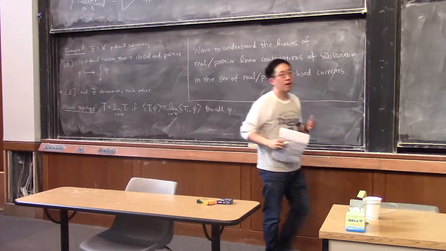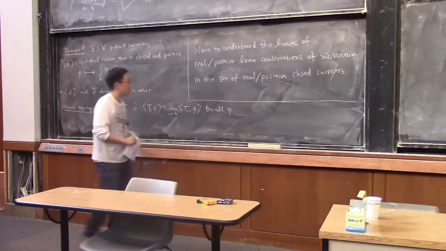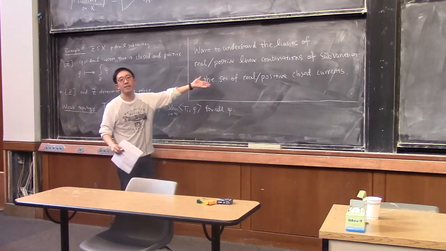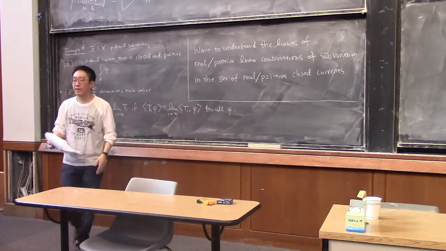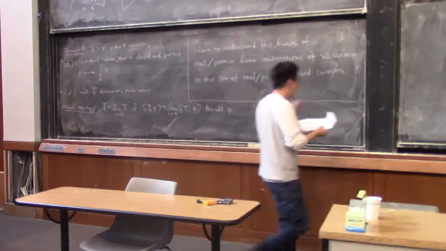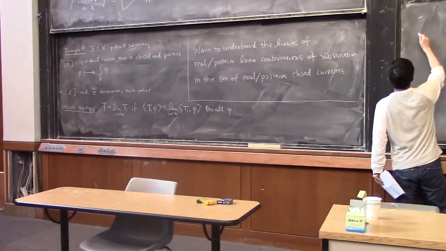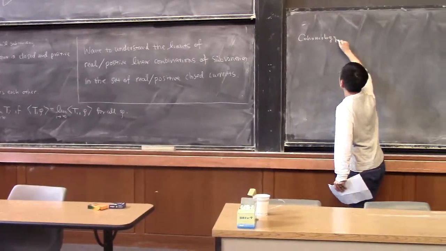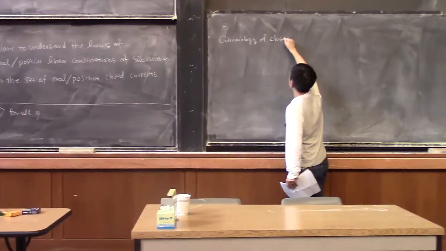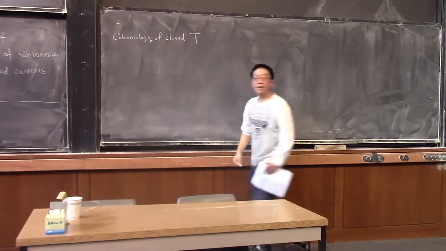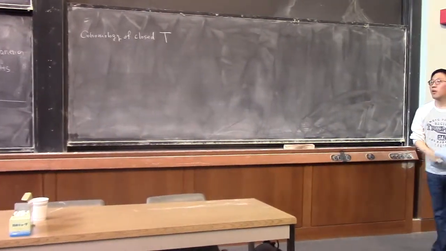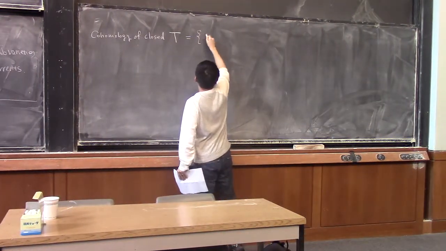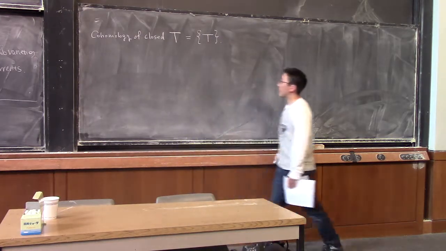So there are obvious necessary conditions for a current to be approximable in this sense by linear combinations of subvarieties. That's given by exactly the cohomology theory. So whenever I have a closed current, say T, then it defines a cohomology class, and I'll write that by {T}.